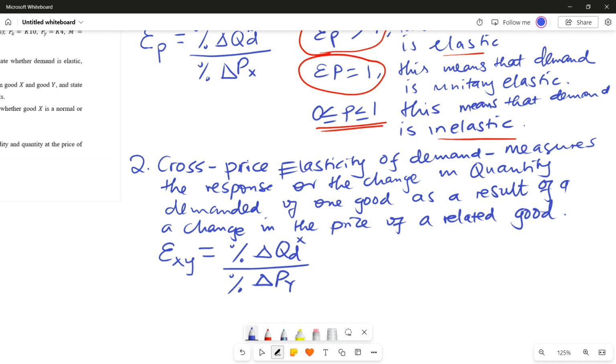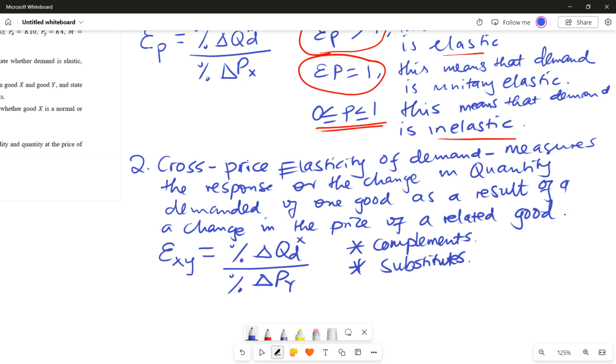This basically involves two types of commodities. The goods we're dealing with are either complements or substitutes.